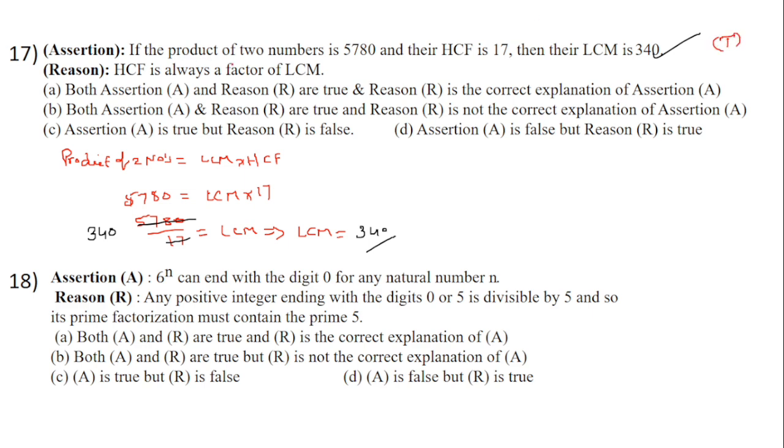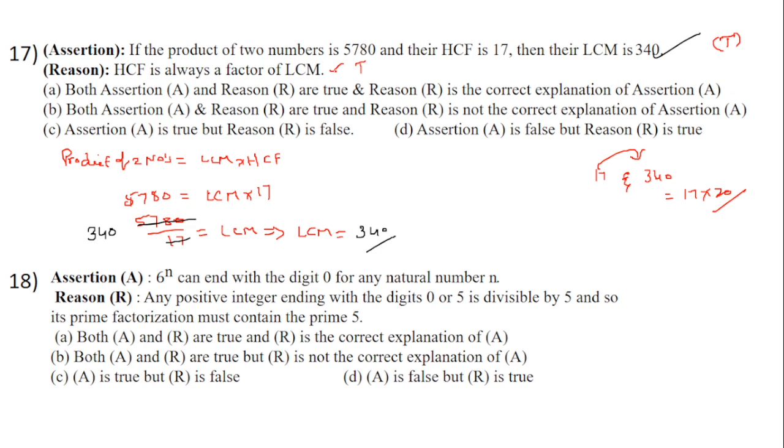What about the next? HCF is always the factor of LCM. See, observe the HCF here, 17, and LCM is 340. Yes, 340 can be written as 17 into 20. So HCF is a factor of LCM. Yes, this is also true.